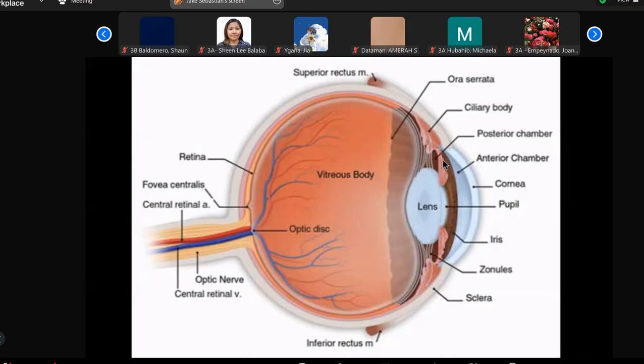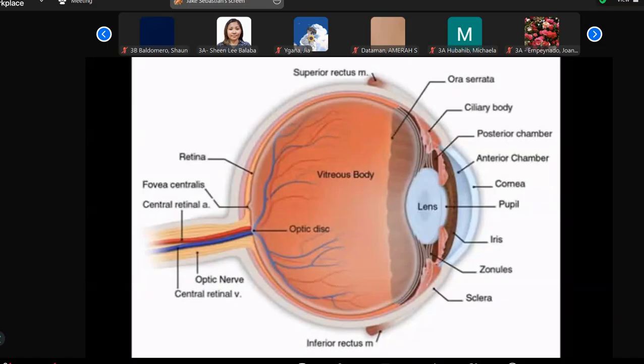Next person, what is the function of the pupil? I don't want the same people only. Please participate. What's the function of the pupil? To regulate the amount of light that enters the eye. Very good. And to follow up, what causes constriction?